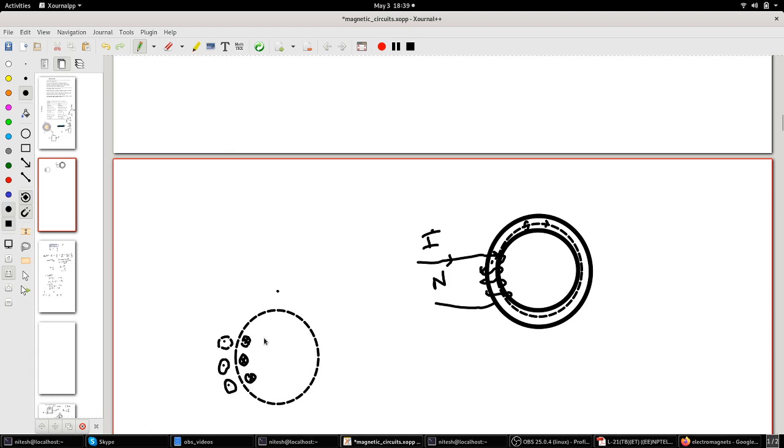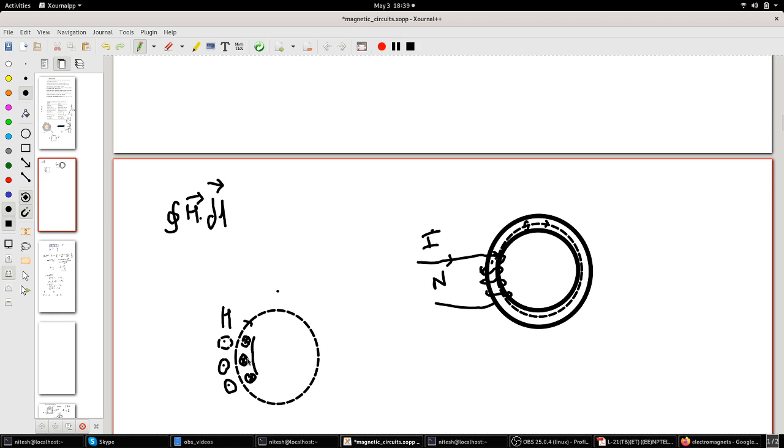So if I use Ampere's law, this is my H, and this is a closed path. The closed loop integral of H dot dl will be equal to the number of currents that I am enclosing. These are your n turns.